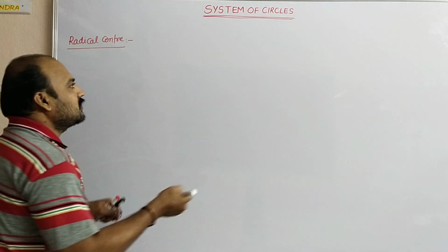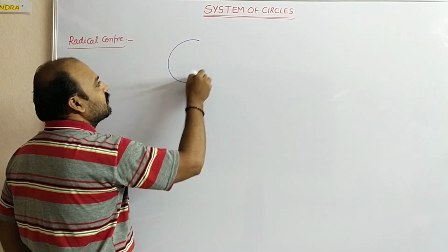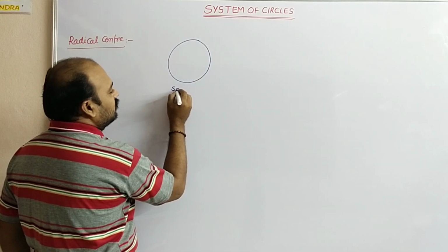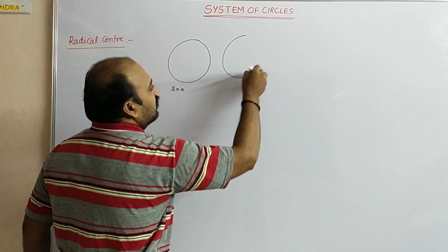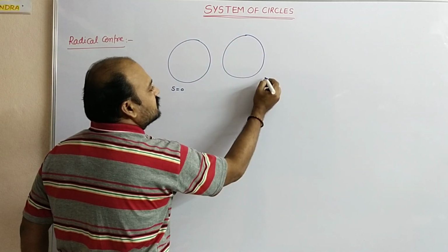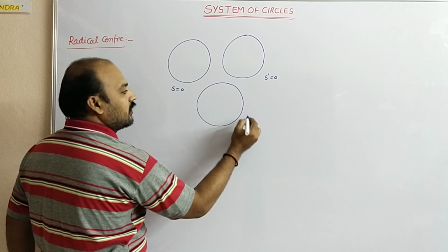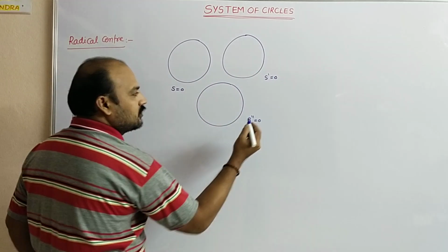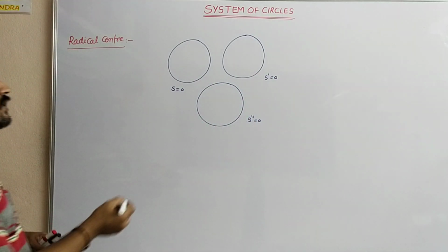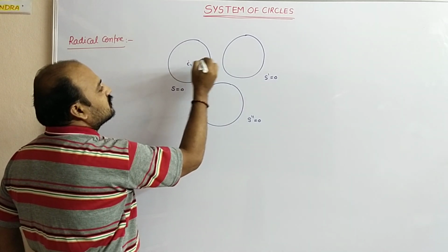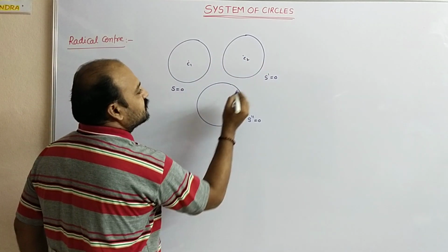So here consider three circles: S equal to 0, S dash equal to 0, and the third one S double dash equal to 0. These are the three circles with their centers C1, C2 and C3 respectively.